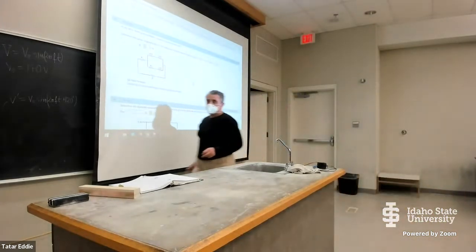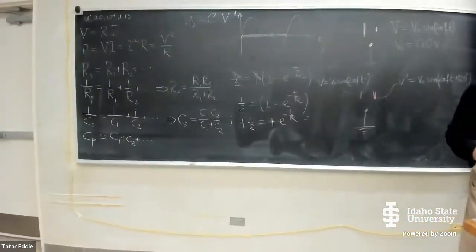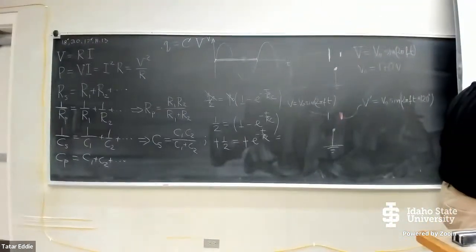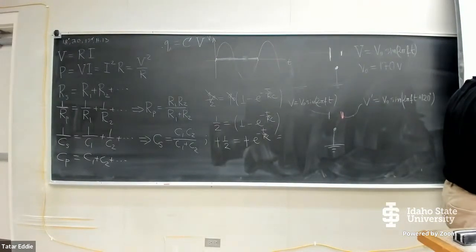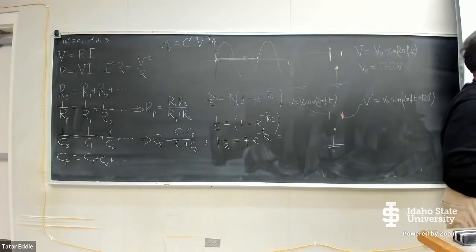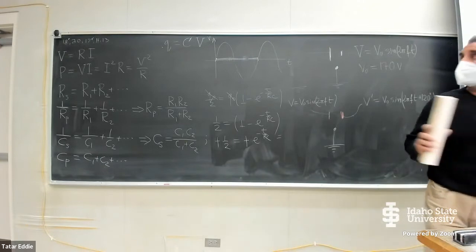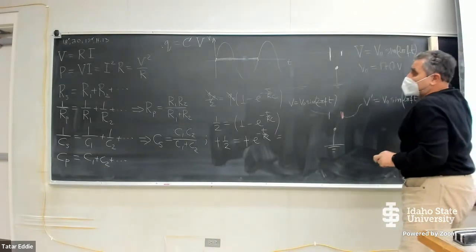Since problem 17 has a single battery, that problem also can be solved without using Kirchhoff rules, but it is faster and easier to do it using Kirchhoff rules. So let's do it.